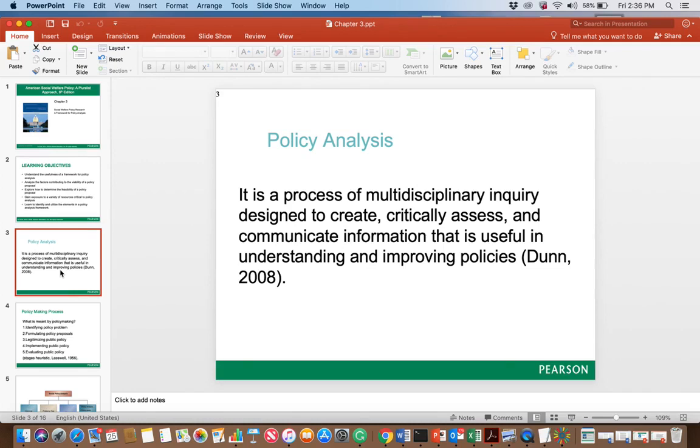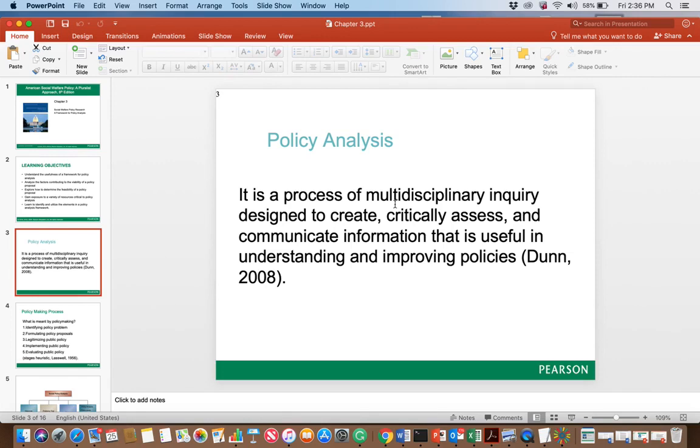What does that mean? Let's break this down. Multidisciplinary, it means that you involve expertise from different disciplines. For example, policy, you may bring in economists, sociologists, social workers, mathematics, engineering. Bring everybody at the table.